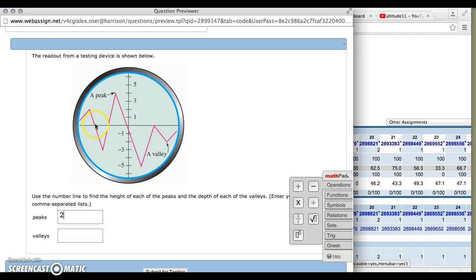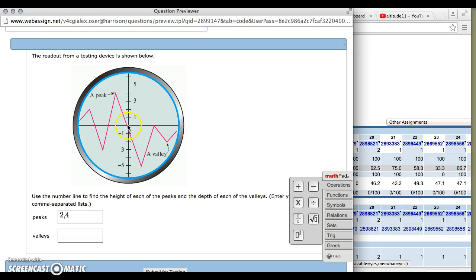Now we'll come back down from that peak, and we reach a valley there, and we come up, and this obviously is a peak, and that would occur at 4. We're looking for comma-separated lists, so you want to throw in a comma there. We'll come back down to another valley, back up to a peak. Notice here, guys, that this peak falls right in line with 0.